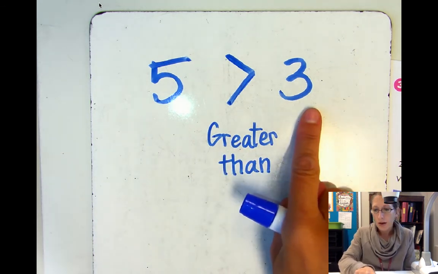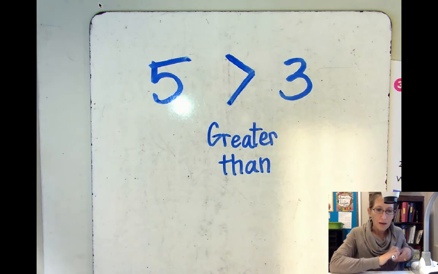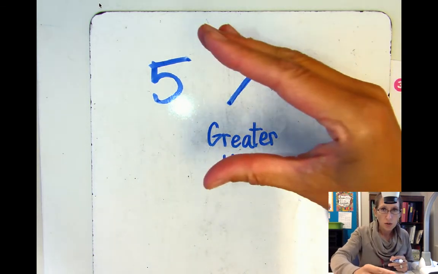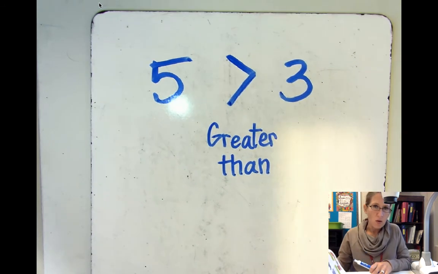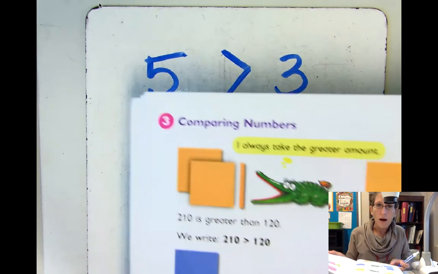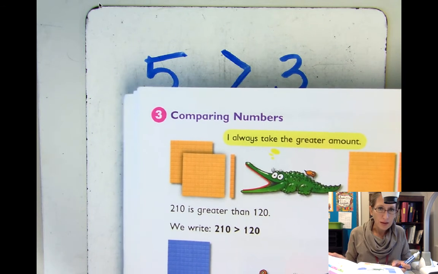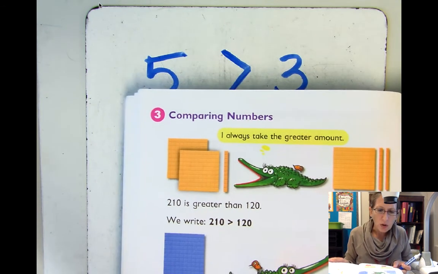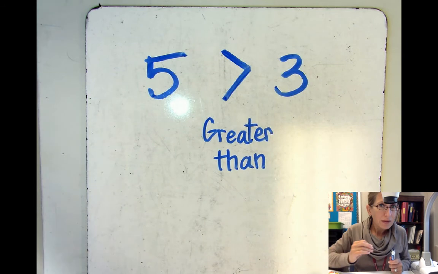One way that I remember it, and we're going to look in our textbook, I like to think of it as kind of a creature. In our textbook, it has a picture of an alligator. So you can think of a hungry alligator that wants to eat the bigger number. The alligator here in our textbook says, I always take the greater amount. You could think of it as a hungry little monster.